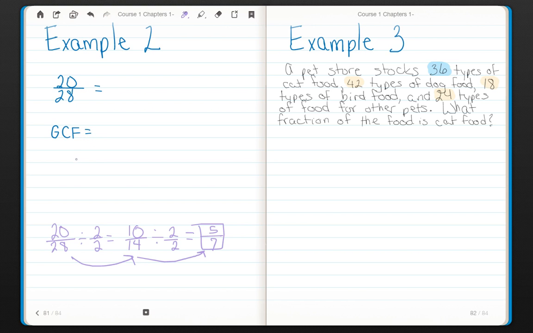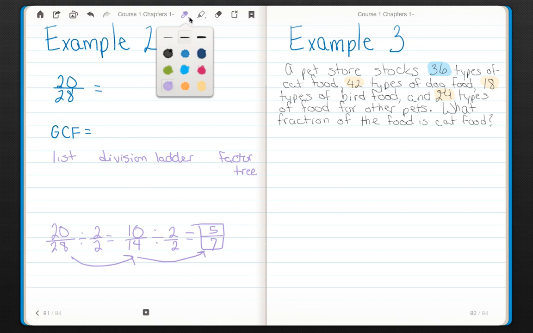So, you have learned 3 ways to find a greatest common factor. You can make a list, you can use a division ladder, or you can use a factor tree. I don't care which method you use, pick the one that works best for you. I'm going to make a list of my factors.